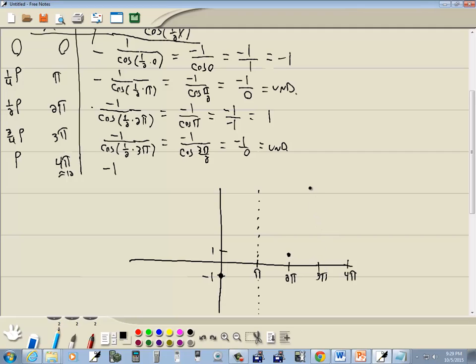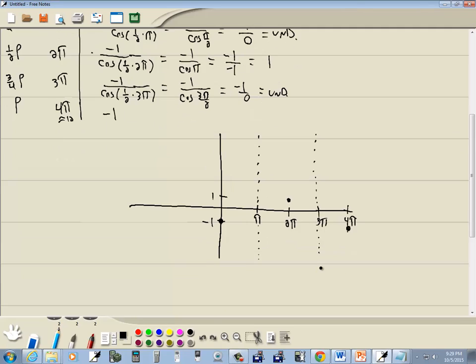And then 3 pi is an asymptote. And then 4 pi is back to negative 1. Okay, so that's what we're given.